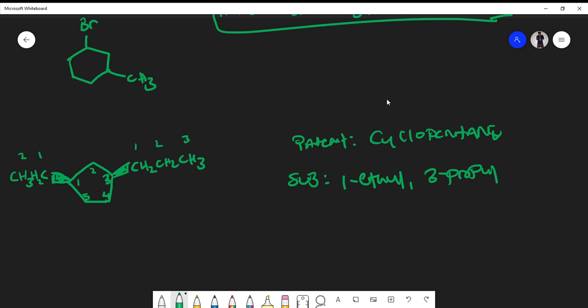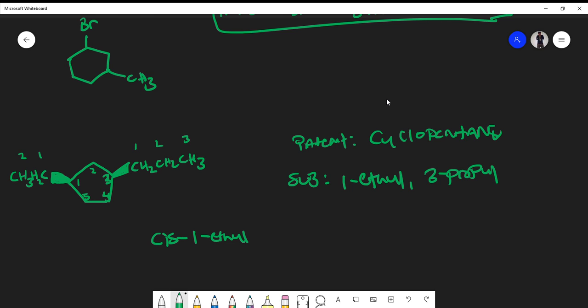Now notice that we're showing dashes and wedges here, and so what we're saying is that we're looking at geometric isomerism, right? In other words, we have to use our cis and trans formula. Now in this case, they're on the same side, they're both coming out at us, and so to put together the name, this would be cis-1-ethyl, right?